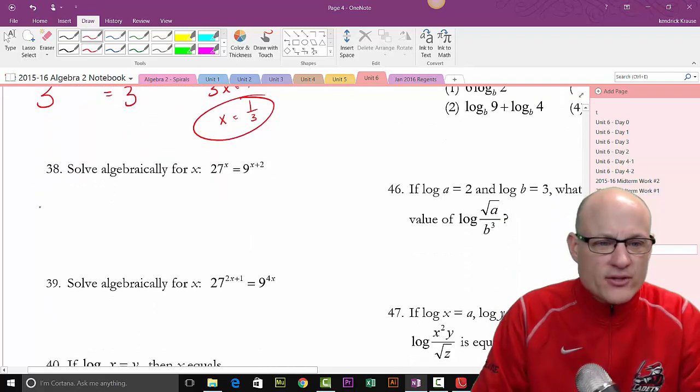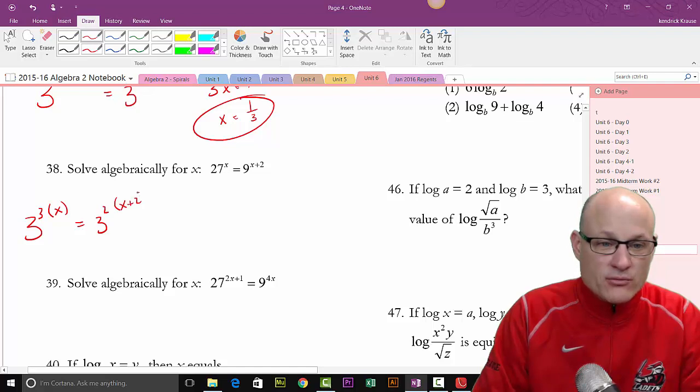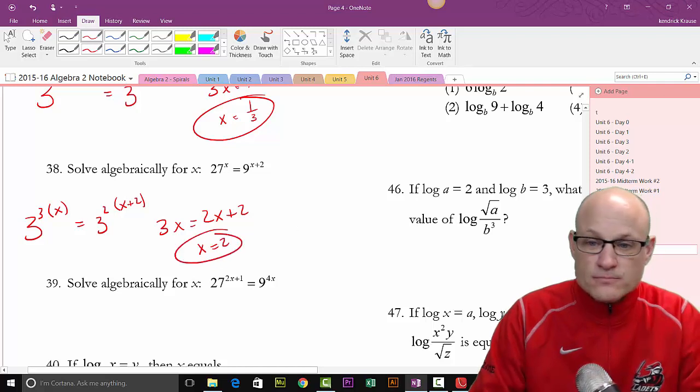This is going fast. 3 cubed times x is equal to 3 squared times x plus 2. Set the exponents equal to each other. So you get 3x equals 2x plus 2, or x equals 2.